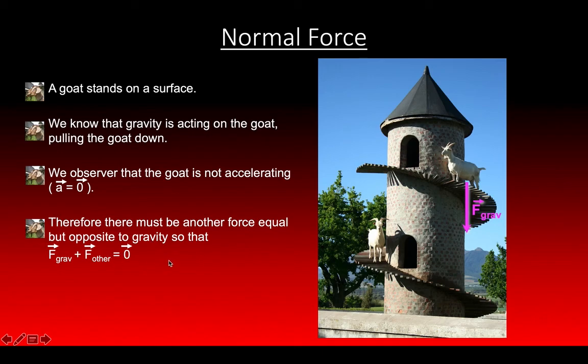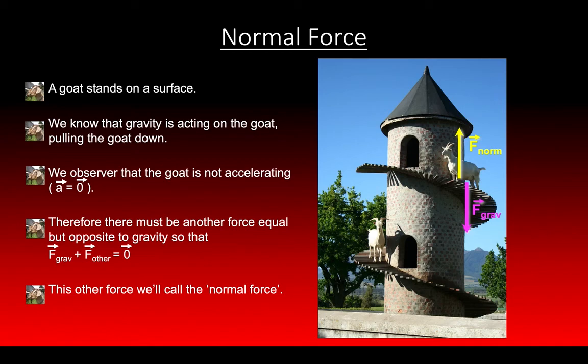And even though at this moment we did not know the nature of this other force, we concluded there must be another force acting on the goat that is canceling out gravity. And we said that force must be pushing upward because we know gravity pulls downward, and the strength of this force must be the same as the strength of the gravitational force. And we ended up calling it the normal force.